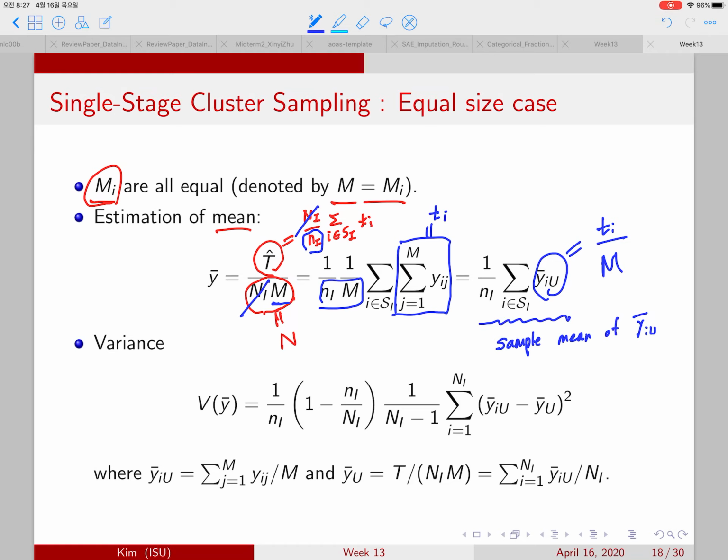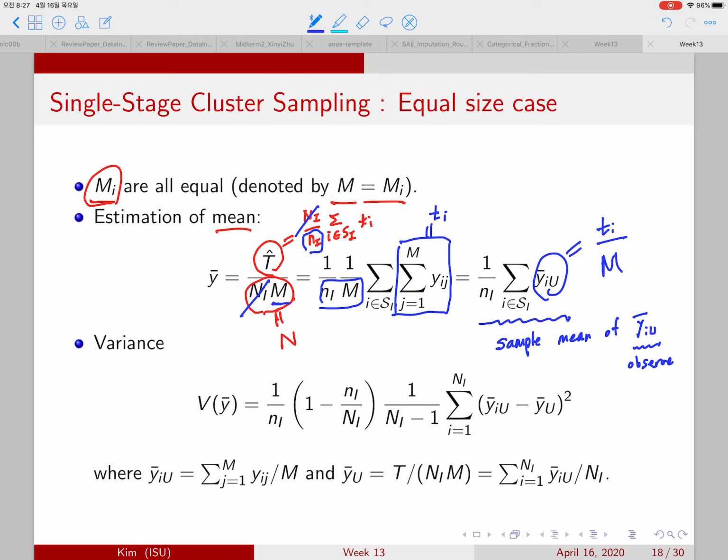Okay, so that is because it's simple random sampling. So from each cluster we have a single observation. So we observe this y bar iu in sample cluster i. So we get this sample mean as an estimator.